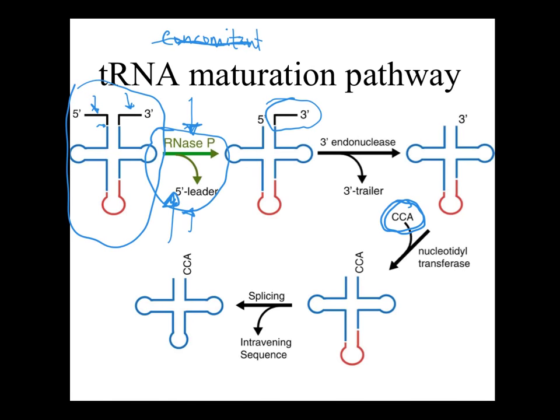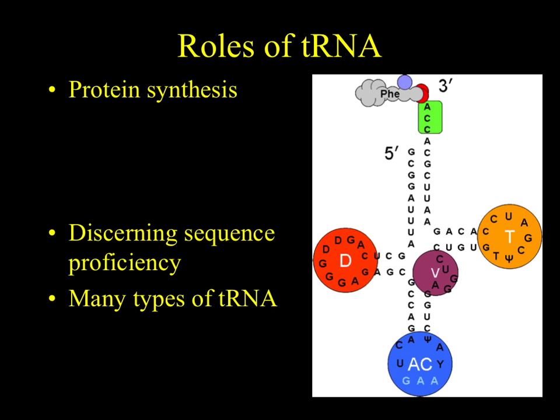Then the final step: if the intron is there, it gets excised. And now we have the mature tRNA, which can be aminoacylated to go do the work. It's involved in protein synthesis.